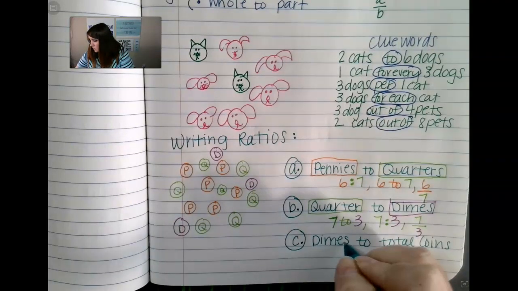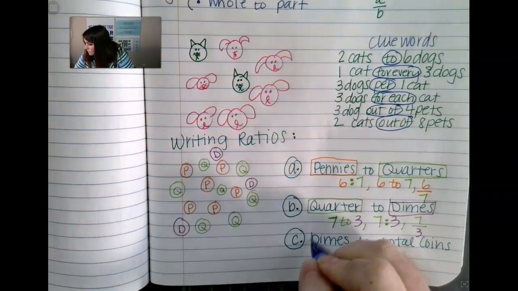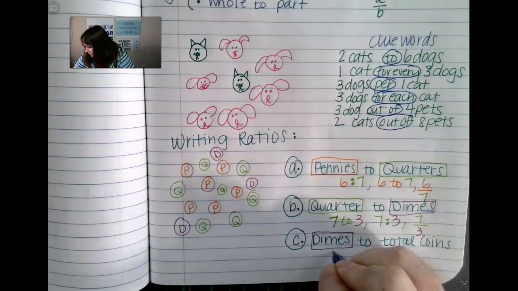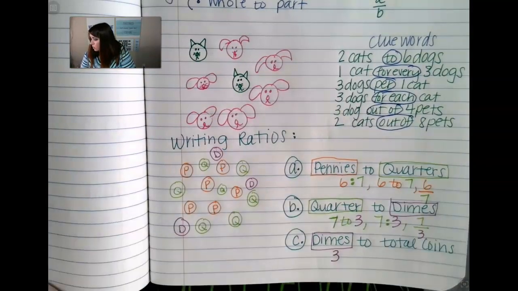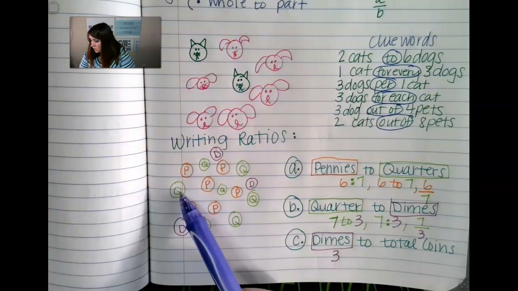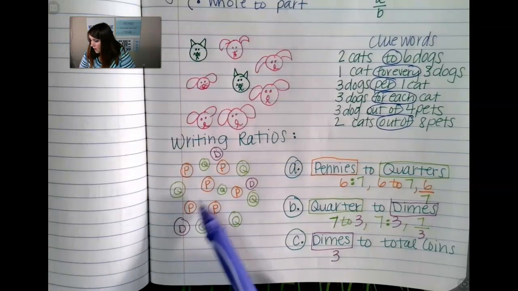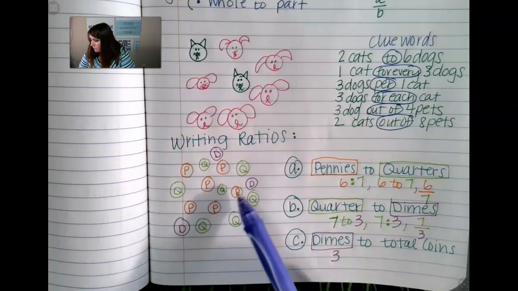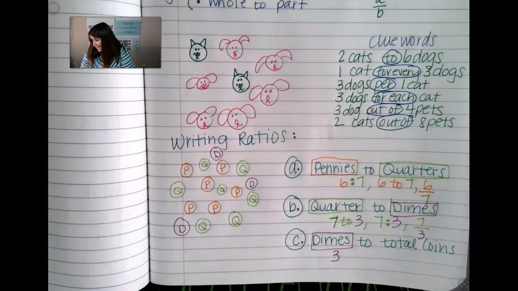Okay, so dimes to total coins. That says dimes, so dimes goes first. There are 3 of them. To total coins, let's start here. 1, 2, 3, 4, 5, 6, 7, 8, 9, 10, 11, 12, 13, 14, 15, 16 total coins.